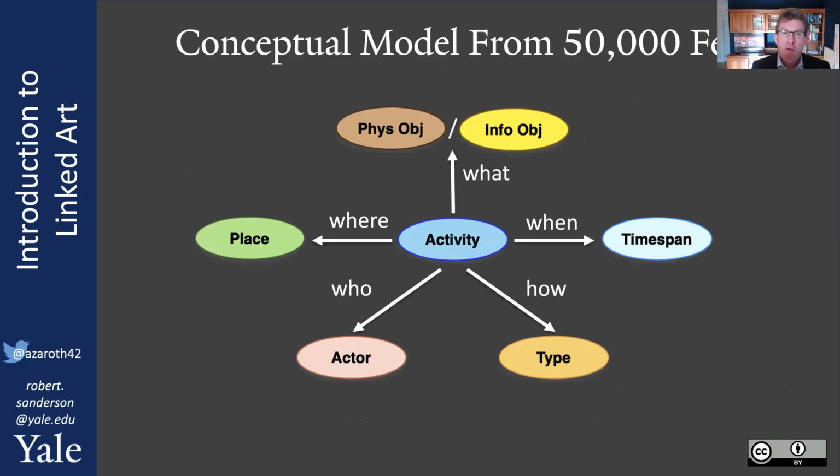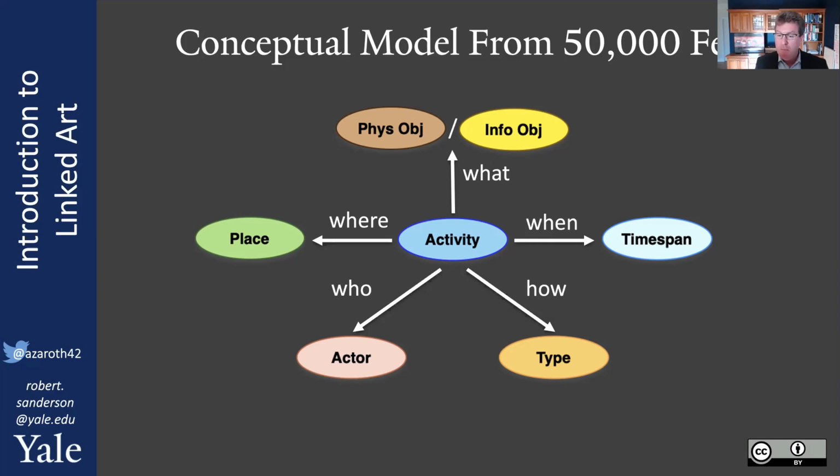So the conceptual model, as Emmanuel had, is one of events, where events or activities are in the center. They are about, or they affect, physical or information objects. So either things that you can, to use Stephen's example from the previous CRM workshop, throw through a window, or information objects that come from the product of human mental activity.